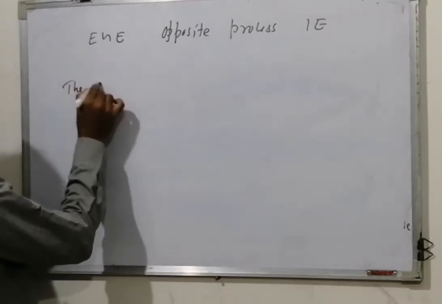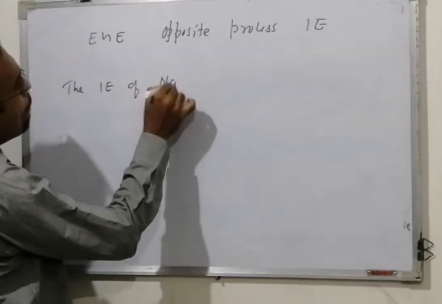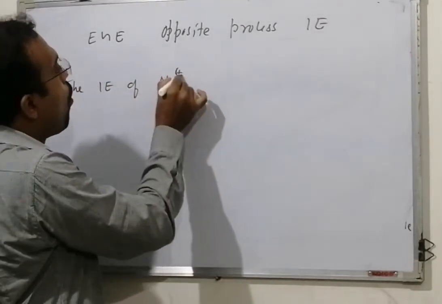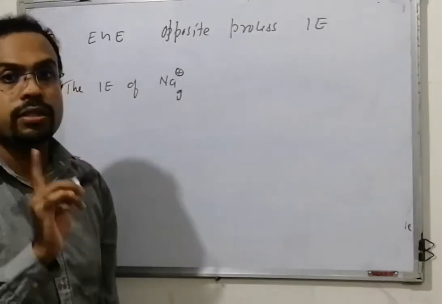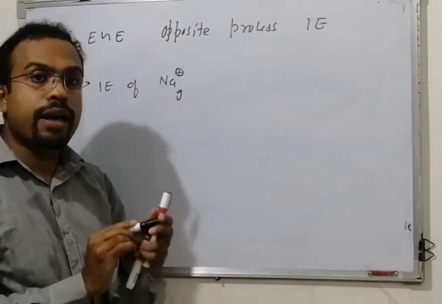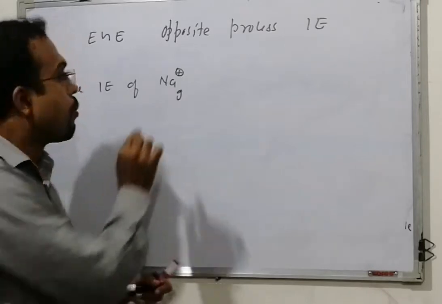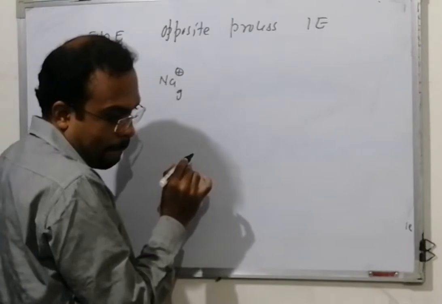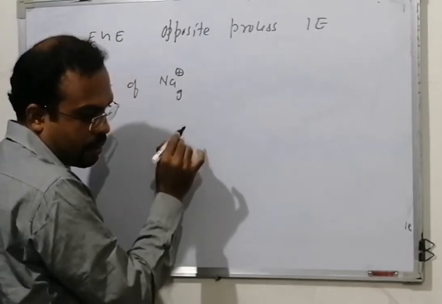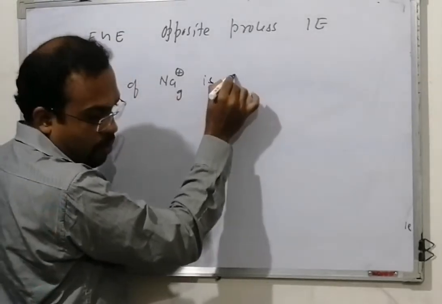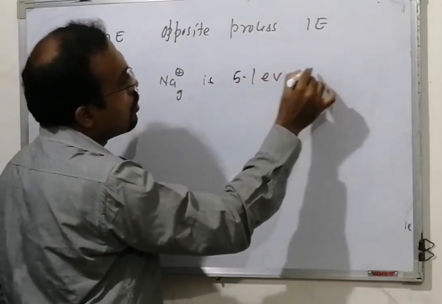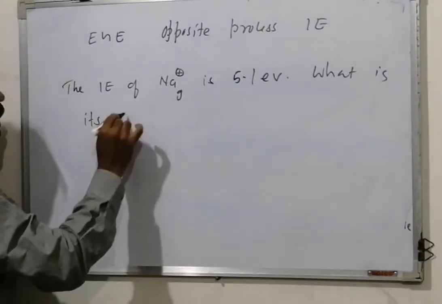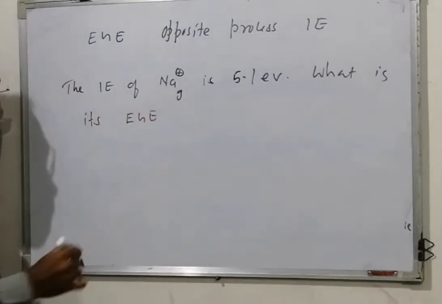The ionization energy of Na plus gas, very careful, ionization energy of Na plus, not sodium. Underline that word. Not sodium, but sodium ion gas, is 5.1 electron volt. What is its electron gain enthalpy?